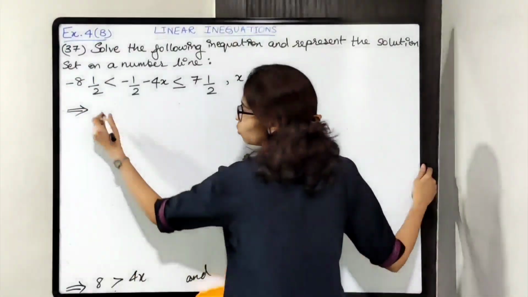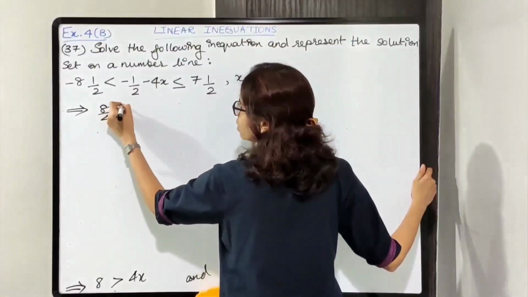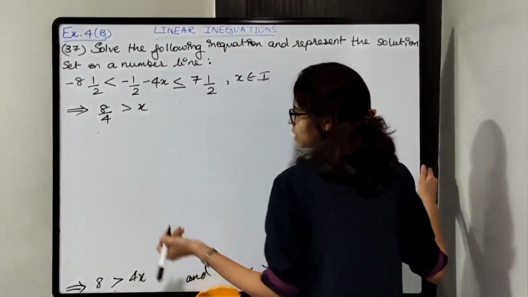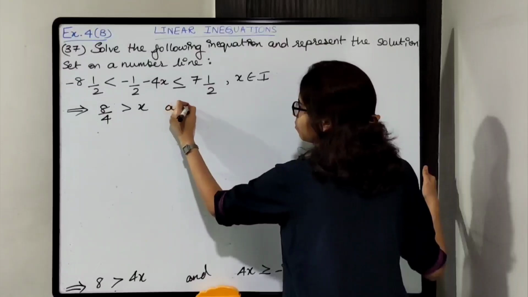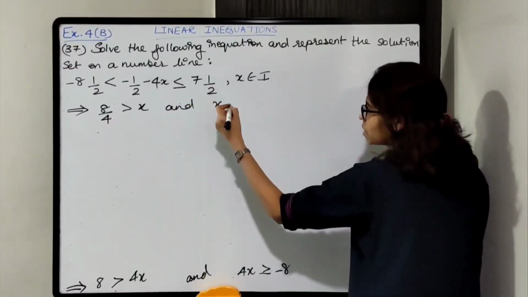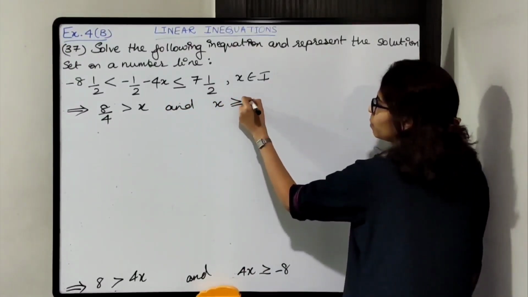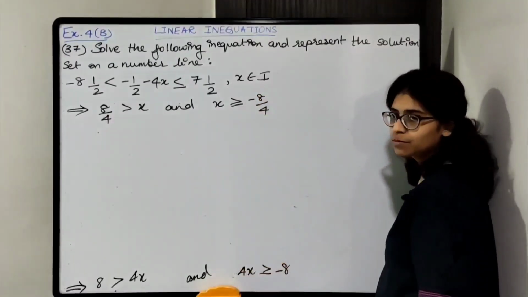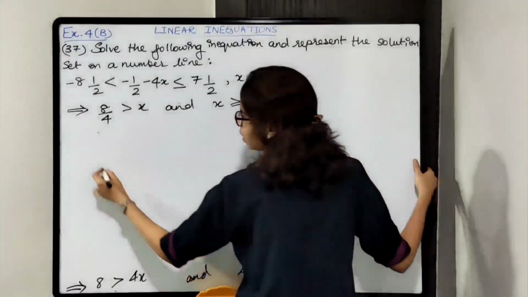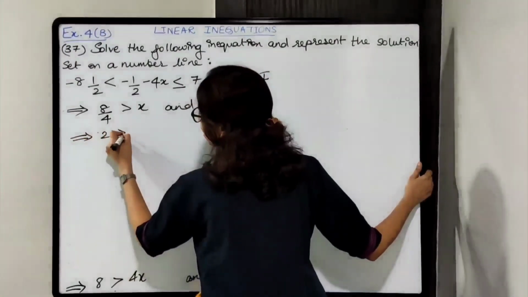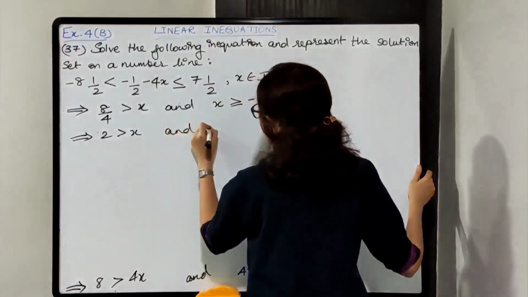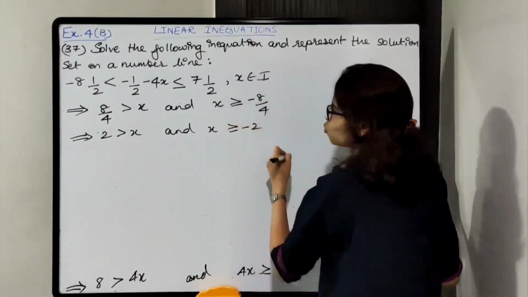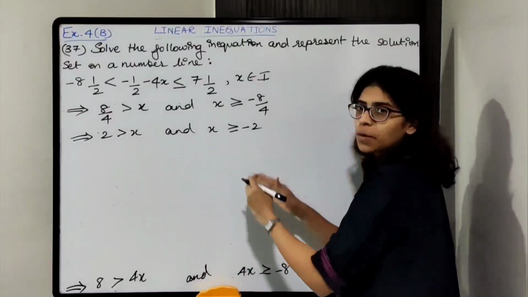So dividing by 4, 8 by 4 is greater than x, and on the other side same thing, okay? X is greater than or equal to minus 8 by 4 हो जाएगा, okay? So 2 is greater than x, and over here x is greater than or equal to minus 2. Now we'll combine it together, okay?